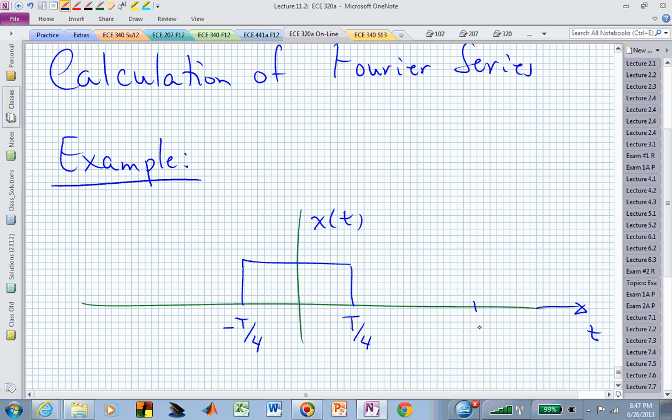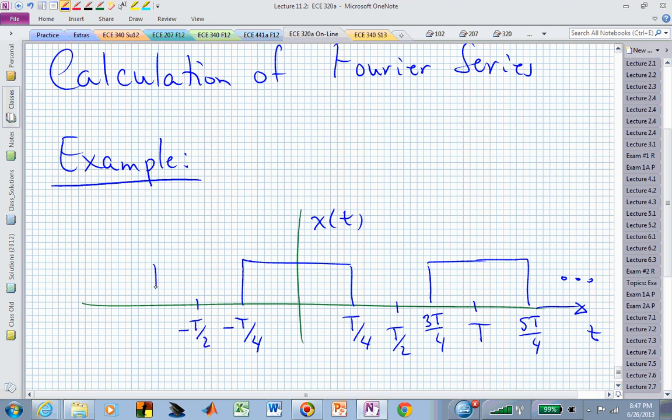and now at T it repeats, meaning right here this is going to be halfway between. That's T over 2, but then it starts again here at 3/4 T and goes up to 1/4 T beyond T. So this is now 5T over 4, and this is now 3T over 4. And over here we have minus T over 2.